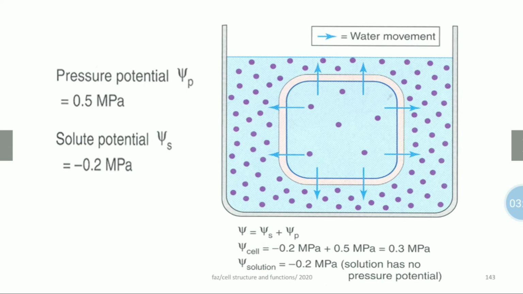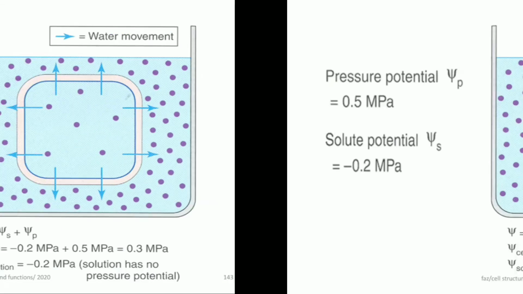So let's have a look at this diagram. Given here, the pressure potential is 0.5 megapascal and the solute potential is negative 0.2 megapascal. So using the given formula, psi equals solute potential plus pressure potential, therefore the water potential in the plant cell is negative 0.2 plus 0.5 megapascal, making it 0.3 megapascal.